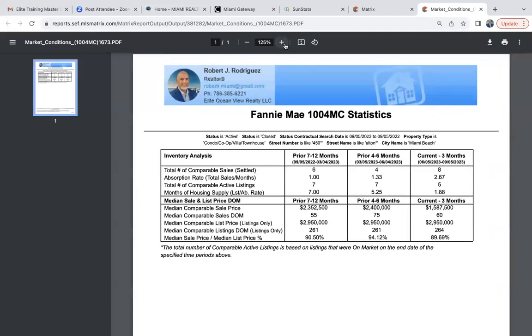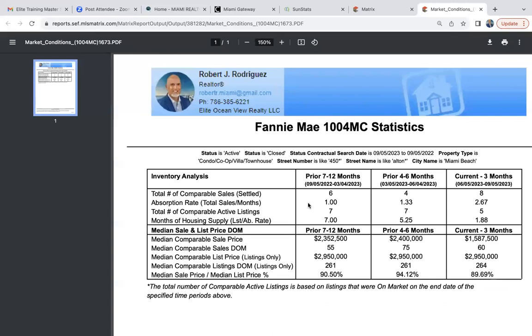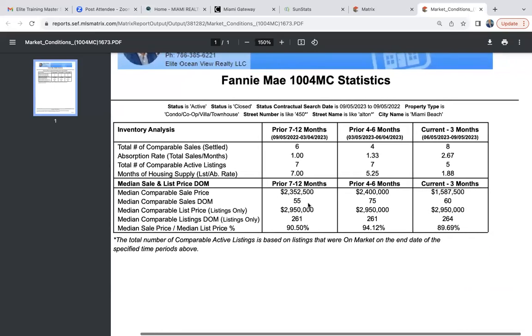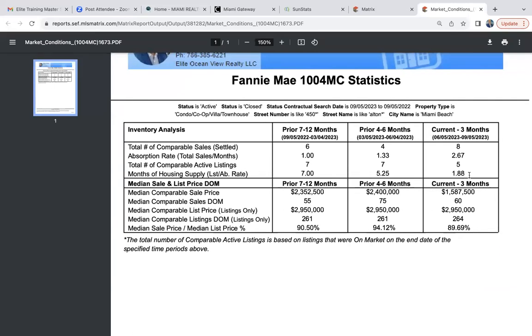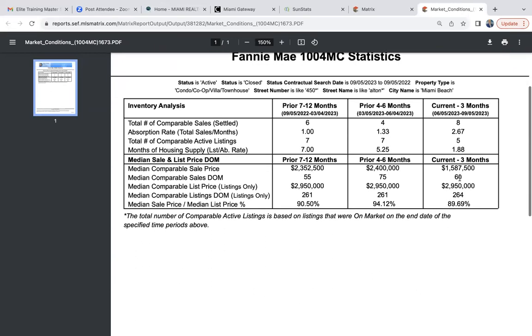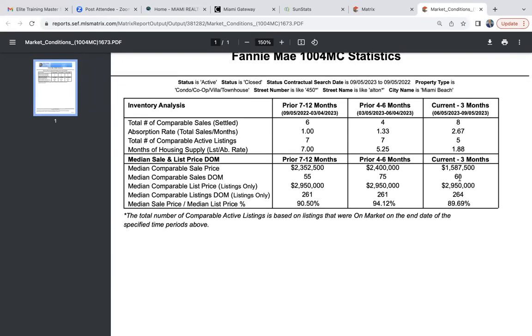So if you are working this building, then as you can see, we have very little inventory available. So in this building, it is definitely a seller's market. So you're looking at less than 2 months of inventory. So we have 5 active listings and we're selling 2.5 properties per month.